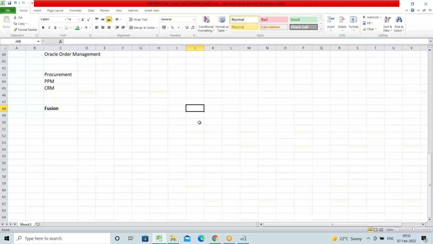Say, for example, as an individual, if you are going to buy a laptop, you will choose one brand. You may purchase from Dell. If you are going to buy a car, you will choose a specific brand. If you are going to buy a mobile, you will buy from a specific brand.